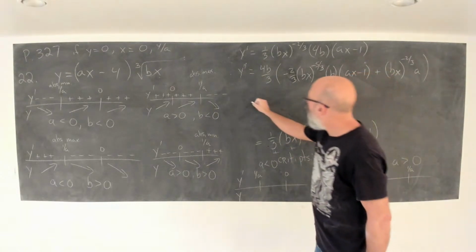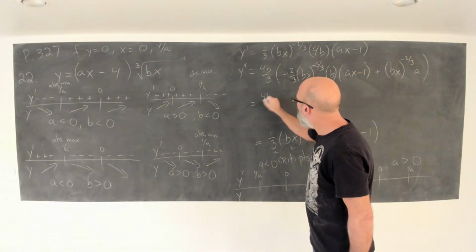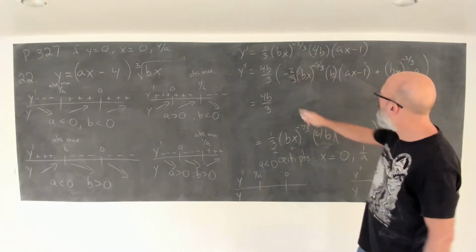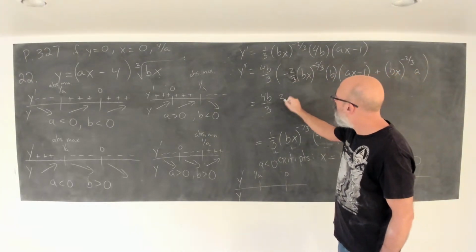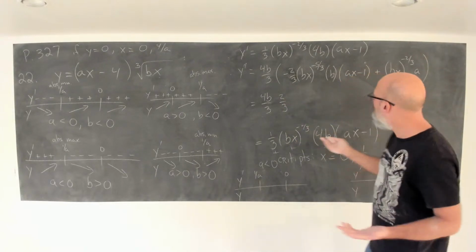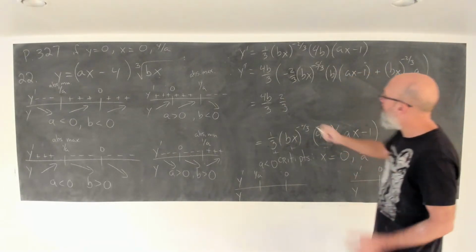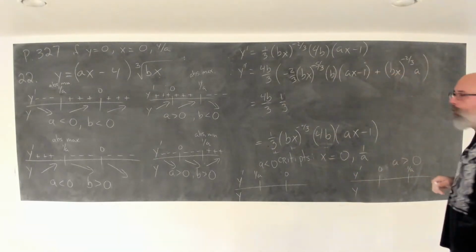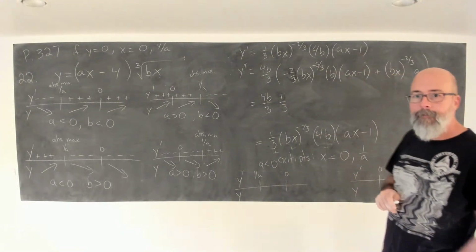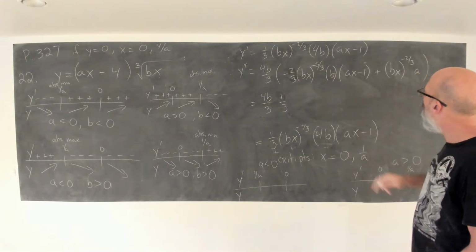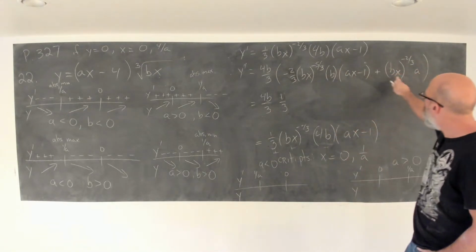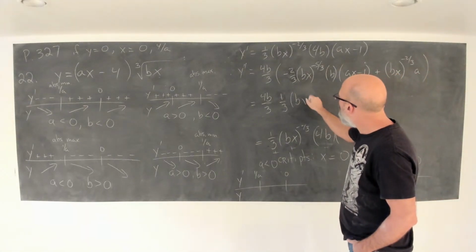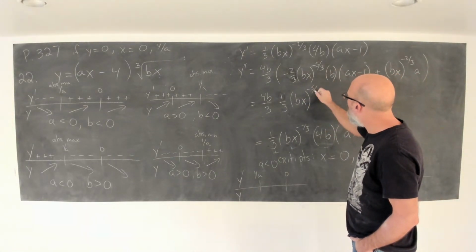All right, so the usual. Let's pull out the 2/3, because to get rid of fractions. In fact, I don't need to pull out a 2. Let's pull out a 1/3 to get rid of fractions. And let's pull out the smallest power of bx, which is bx to the negative 5 over 3.